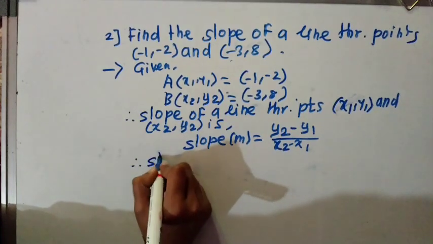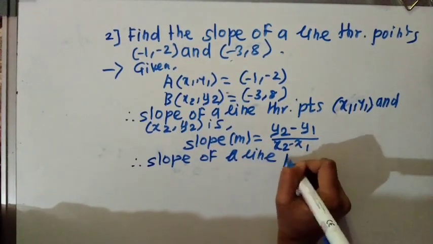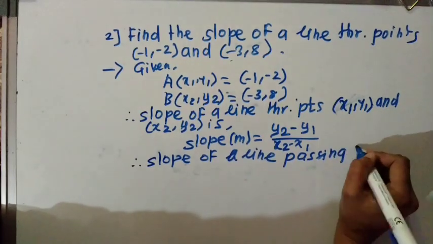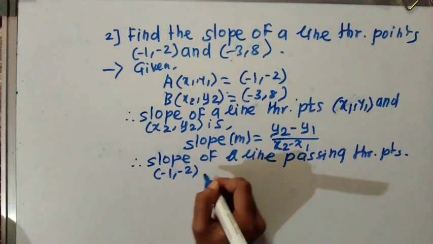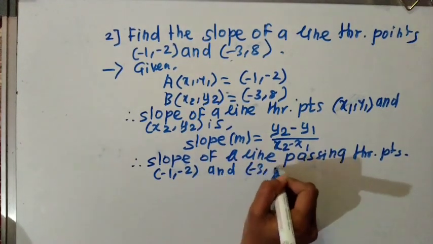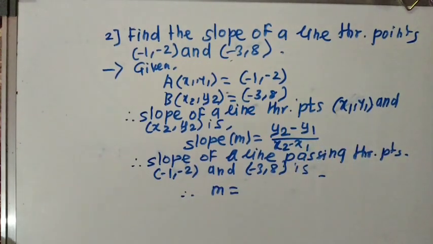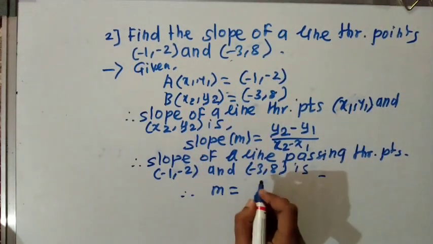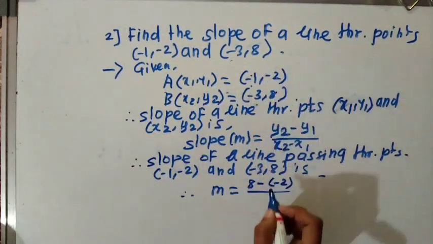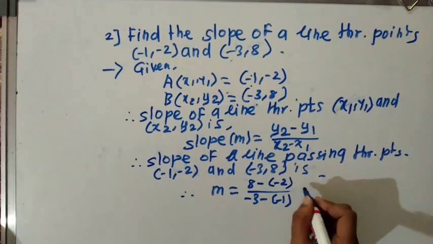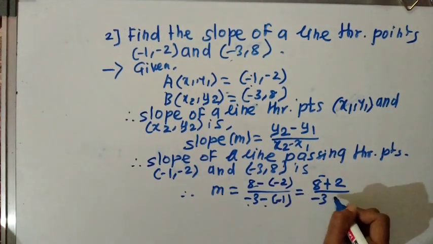Hence the slope of the line passing through points (-1, -2) and (-3, 8) is m is equal to y2 minus y1, which is 8 plus 2, upon x2 minus x1, which is -3 plus 1.